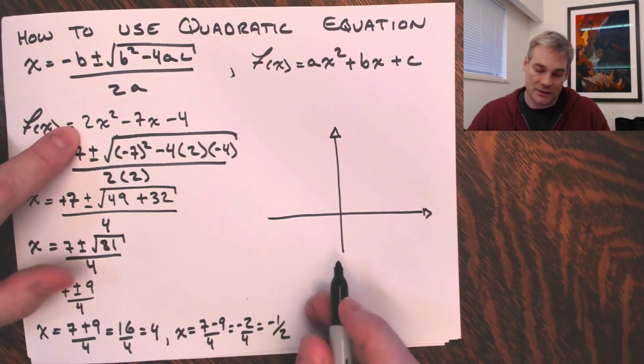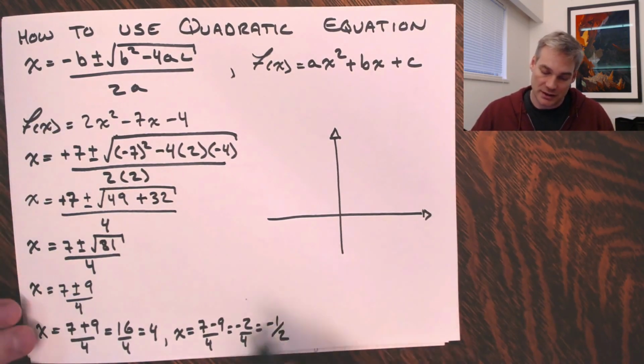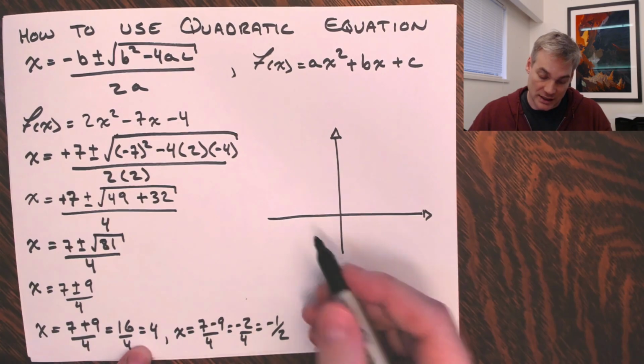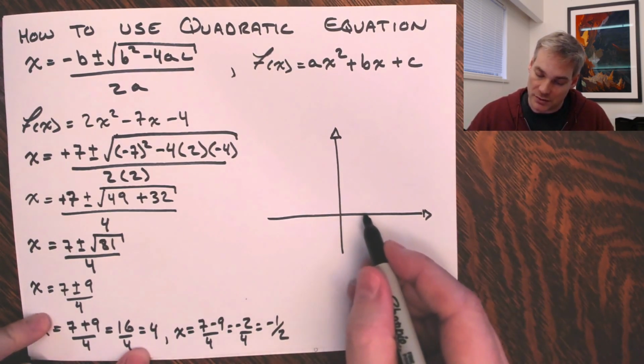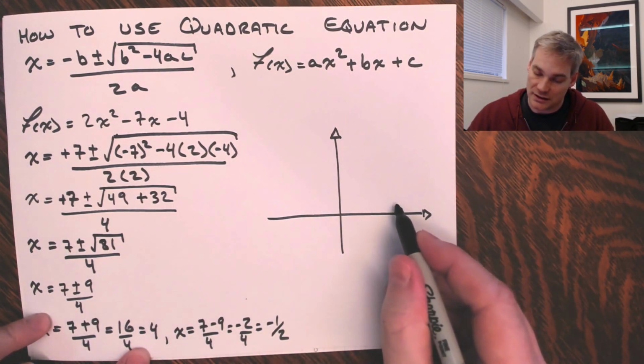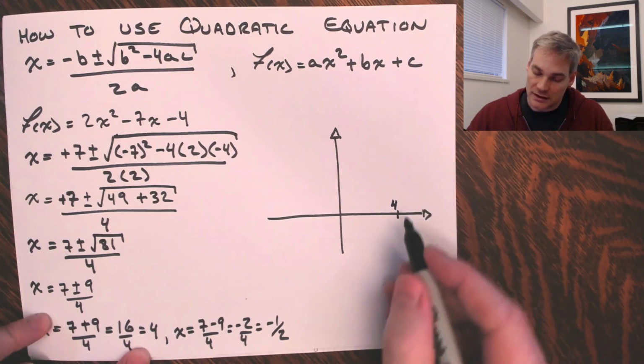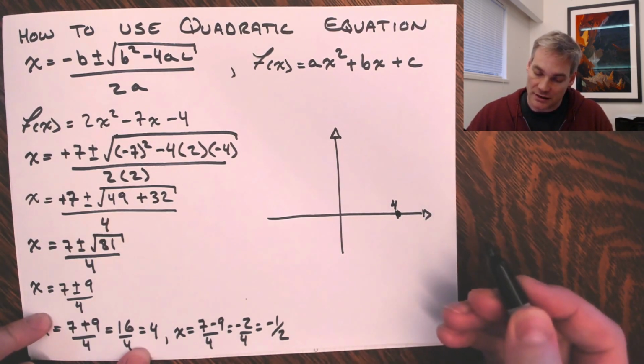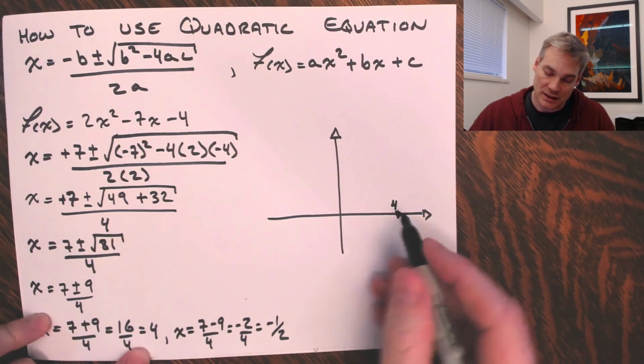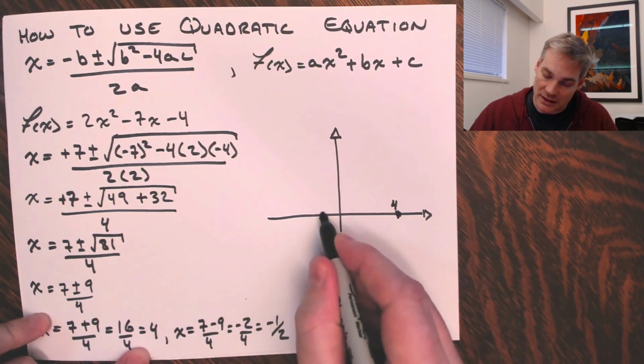Okay, so our graph opens upwards. Here is our first root, let's say at x is 4, so let's say 4 is here. This is a point on our graph. It is a root. And then the other one is at negative a half.